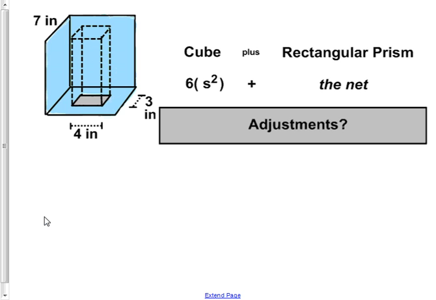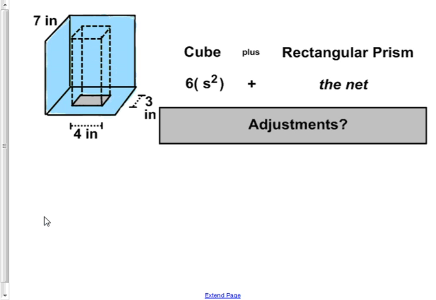Okay, so the adjustments are going to be for our large rectangular prism. We have all of the sides exposed to the surface area. However, we have 2 small rectangles that are going to be missing from this figure, both on the top and the bottom. Basically where this smaller rectangular prism came out of this larger rectangular prism.